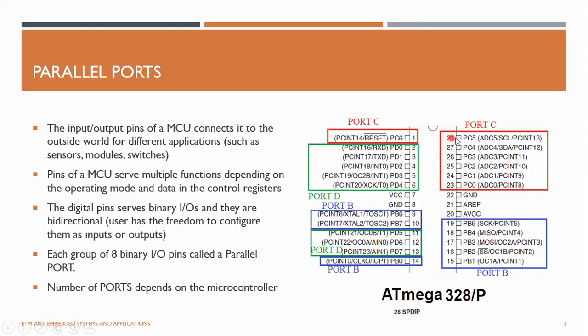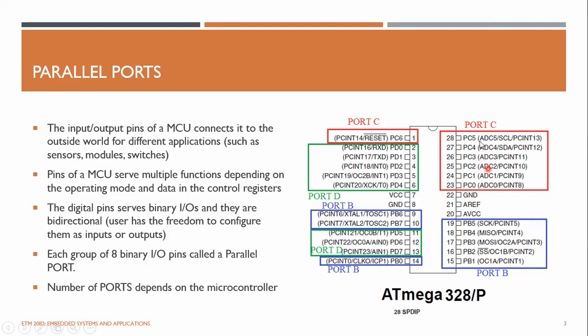Okay, so these are general purpose input and output pins, but sometimes they can also serve other purposes as well. If you take a look at this port C, right? PC0 is a digital pin. Sometimes you can configure it as an analog pin, right?